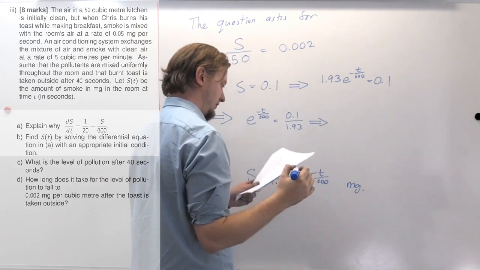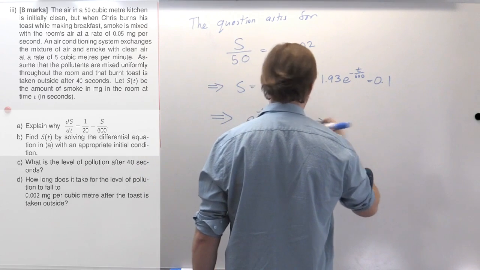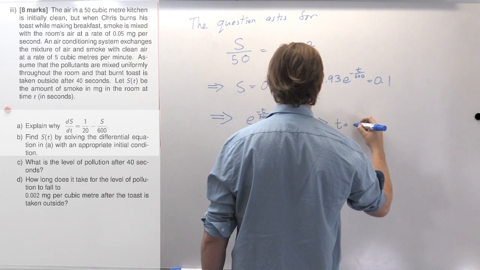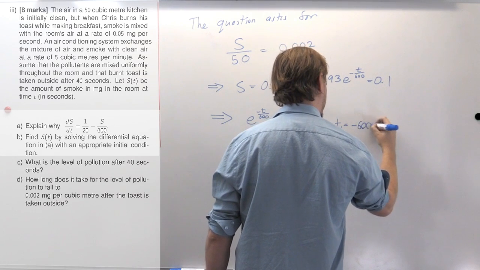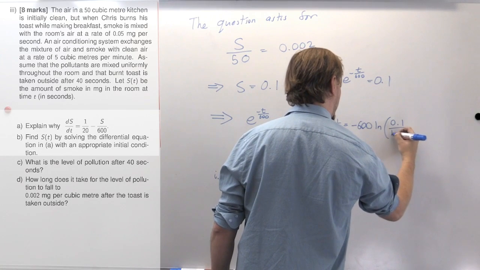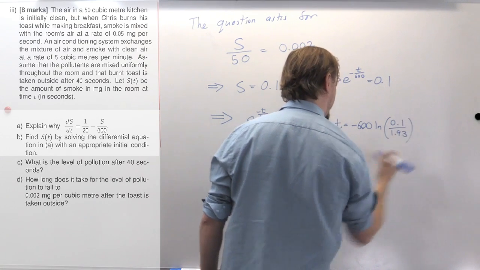And finally, after working through all the details, if you take the log and rearrange, you'll get that t is equal to minus 600 times the log of 0.1 over 1.93.